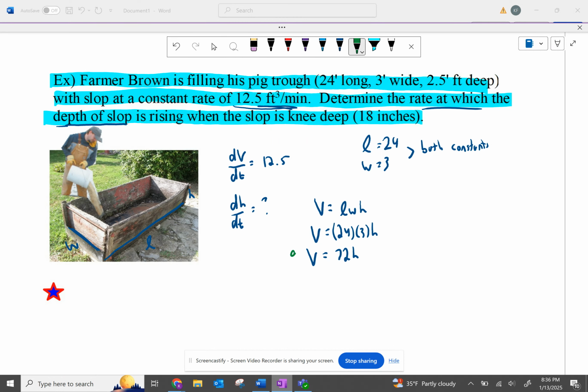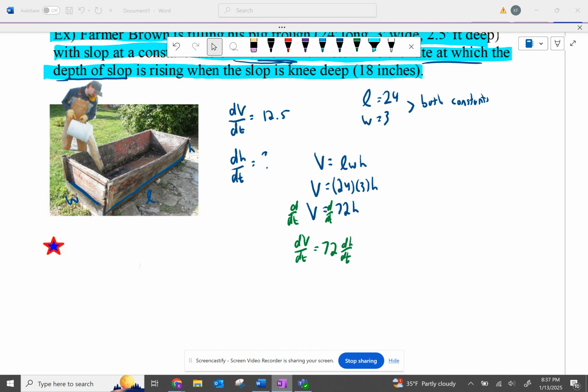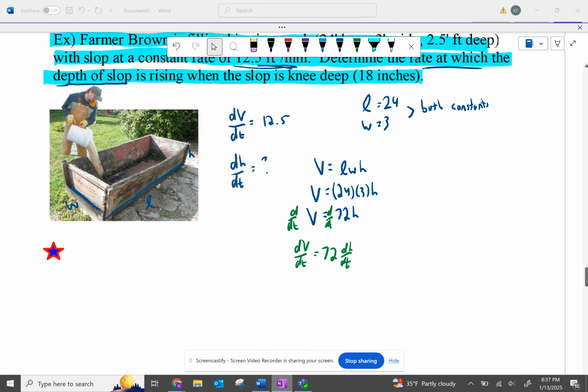Now, if I differentiate both sides, I get that the rate of change of the volume is whatever the derivative of this is, which is 72 times the rate of change of the height. And so if I plug in what I have, I know that dV/dt is 12.5 equals 72 times dh/dt.